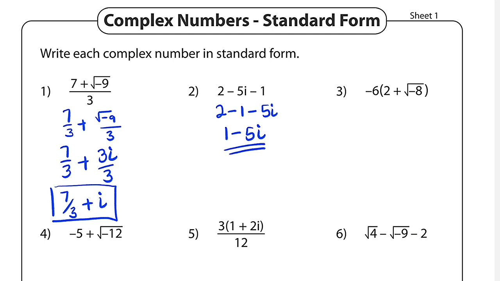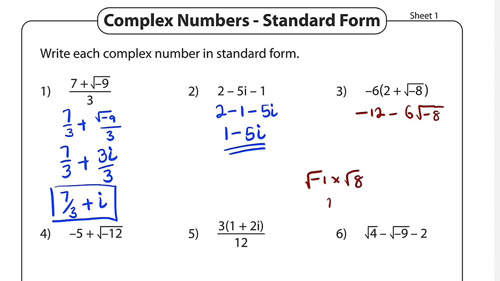Now in question number 3, we have to expand first. If you expand, you have negative 6 times 2 is negative 12. Then plus negative 6 times root of negative 8 is negative 6 root of negative 8. And square root of negative 8 is the same thing as square root of negative 1 times square root of 8.